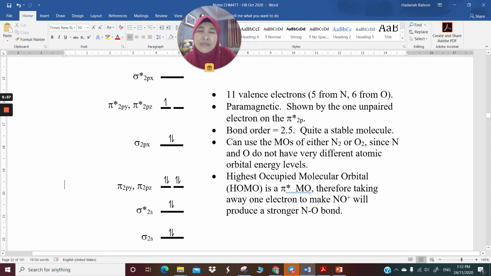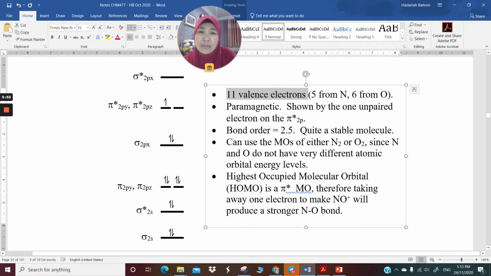Now, if you recall, for nitrogen there are 5 valence electrons, and for oxygen there are 6 valence electrons. That means if you have NO, the nitric oxide gas, you have 11 valence electrons. So you have to place 11 electrons in these molecular orbitals.